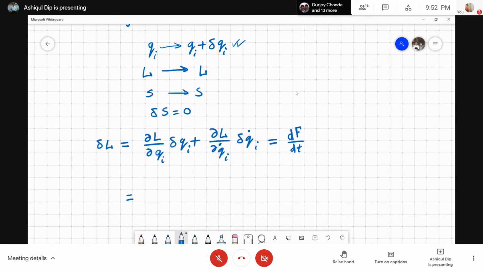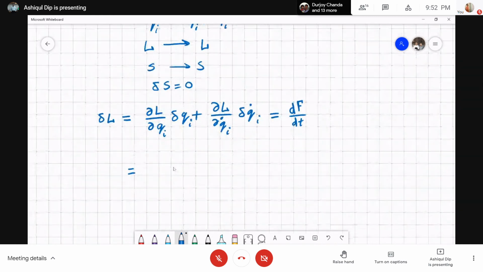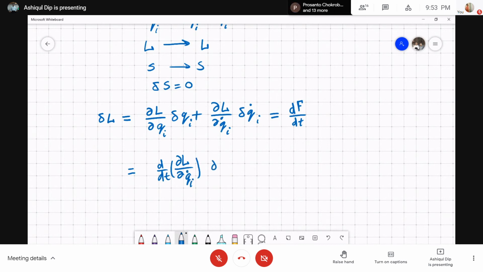Okay, so use Lagrange's equation here. What is ∂L/∂qi? It is d/dt of ∂L/∂q̇i. Also, we are dealing with this side only first.